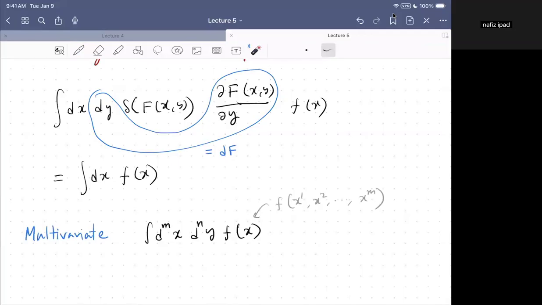This simply changes the integration variable from y to whatever this thing is. So basically, you are changing variables. You have x and y, and then you change these to x and f. The reason that it's useful is that if f is your independent variable, then this delta function is simply delta f, so it's just a single variable, and you're picking up the value of the integrand at the 0 of that variable.